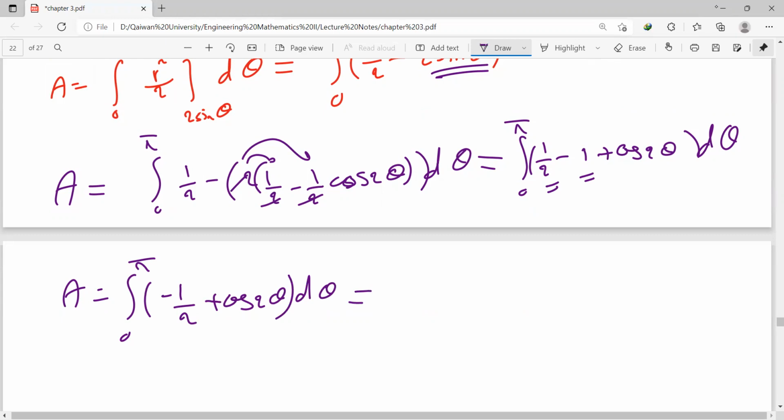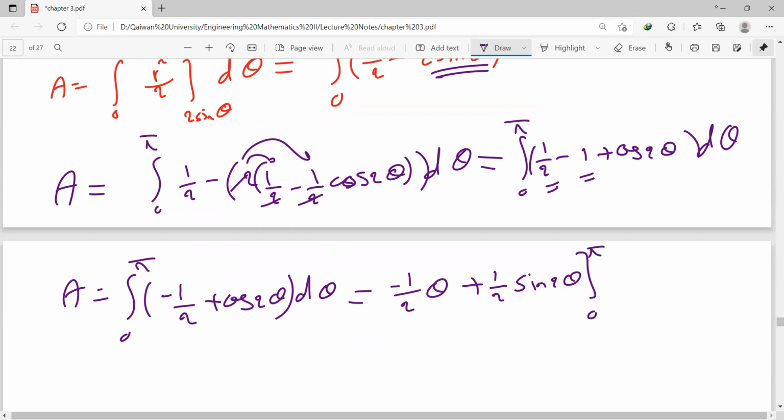Now you can find its integration. It's easy to find. It's minus a half of theta, because the integration of a constant is the constant times theta, plus the integration of cosine, which is sine, but we must account for the derivative of the angle. The derivative of the angle is 2, so it's a half of sine 2 theta, from 0 to pi.